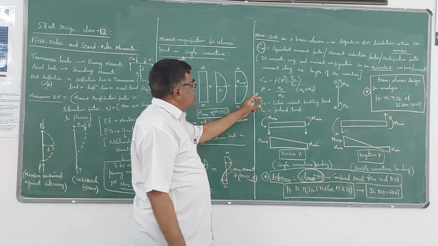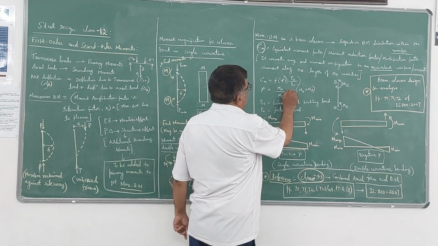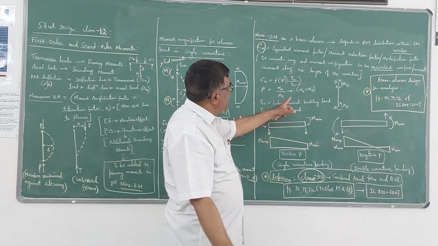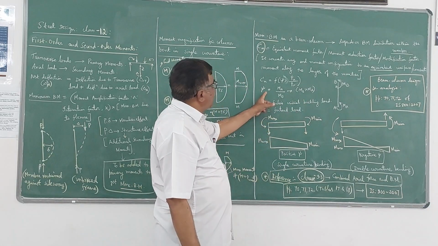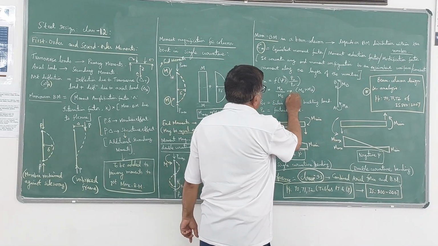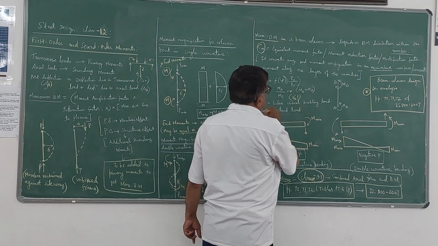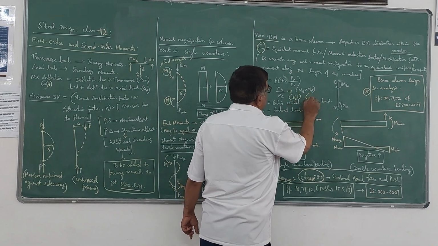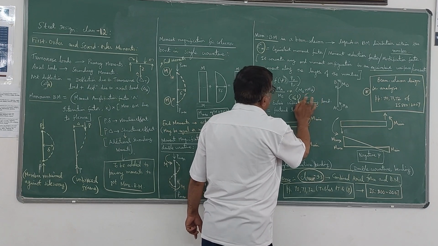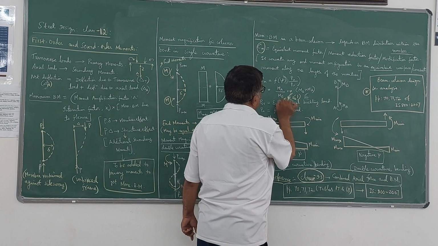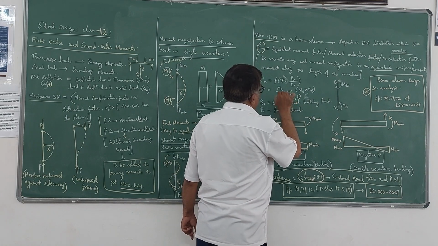One is psi. Psi is nothing but the ratio of MA to MB. So taking MB greater than MA, this value becomes less than 1, or at the most it can be equal to 1, or it can be between 1 and minus 1. So this psi value normally lies between plus 1 and minus 1.